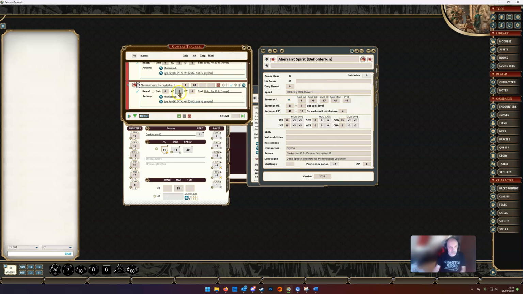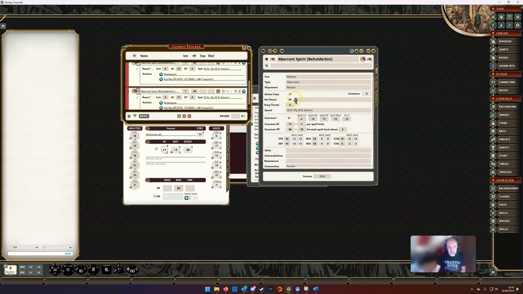We can see that the armor class of the creature has gone up by 2 because we get an extra point of armor class for each point above 4. And we can look at the hit points there as well, and the hit points are again 40 plus 10 for each spell level above 4. So if we're level 6, we get another 20 hit points on the thing, so it's now got 60 hit points.